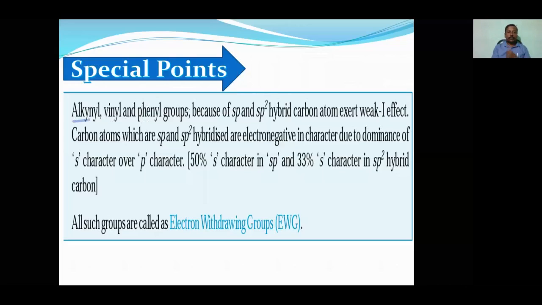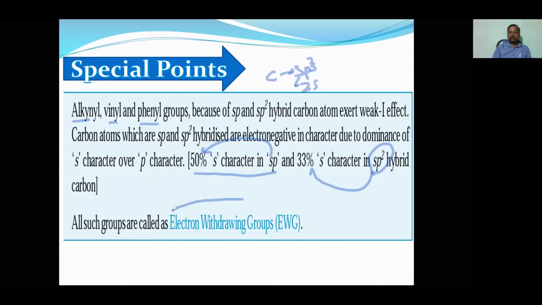A normal carbon in an alkane is sp3 hybridized. In sp3, a total of four orbitals are there, so the s percentage character will be 25. But if it is sp, then only one s orbital, 50%. In sp2, one out of three, therefore 33 point 3. So as the s percentage character increases, electronegativity increases, and then it will cause the inductive effect.